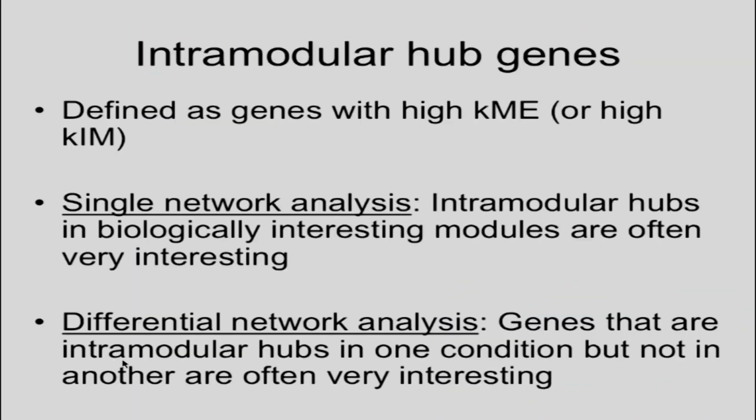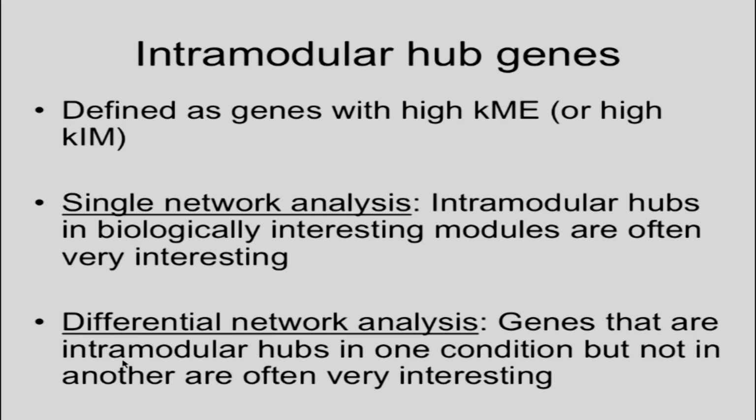As I mentioned, we care very much about intramodular hubs in interesting modules. For example, you could ask, if I have a cancer-related module, what are the hubs? I've done that exercise several times, and often it turned out that the hubs are known cancer targets.